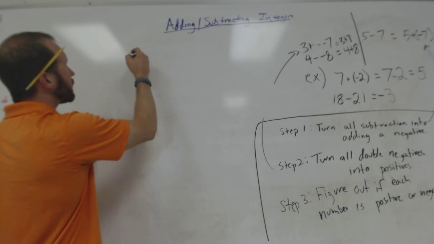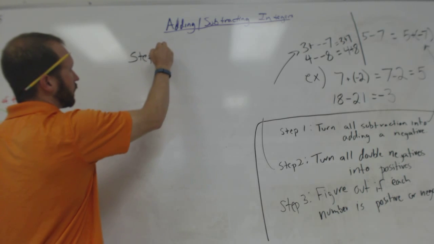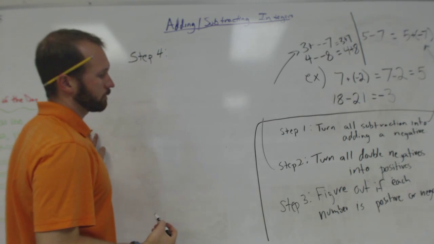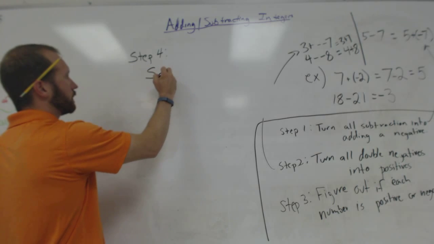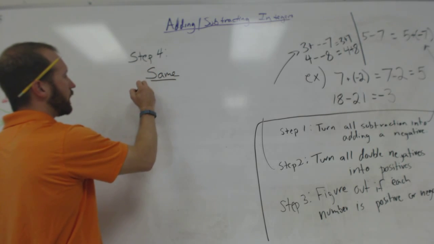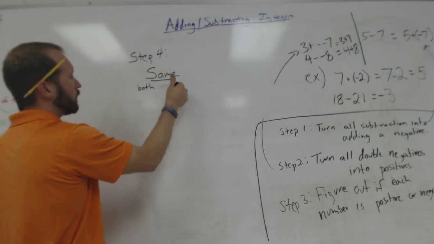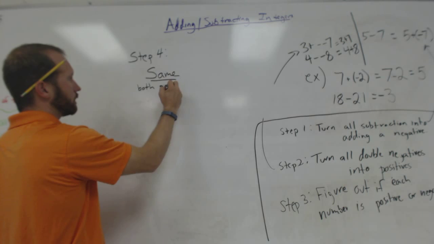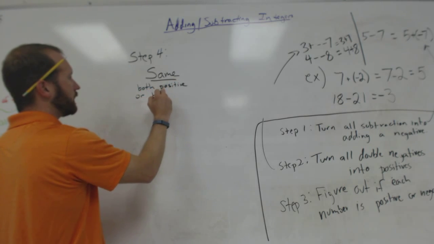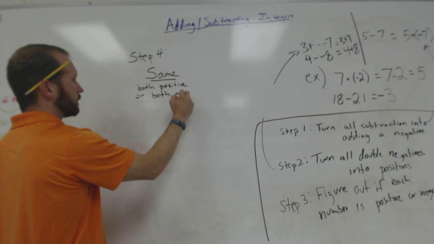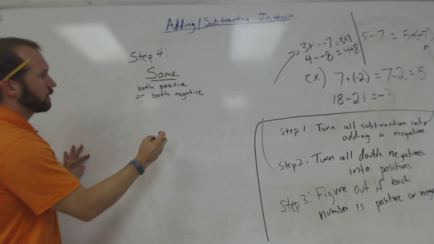So step 4 depends on your answer to step 3. Step 4. If the numbers are the same, so they're both positive or both negative, what are you going to do?